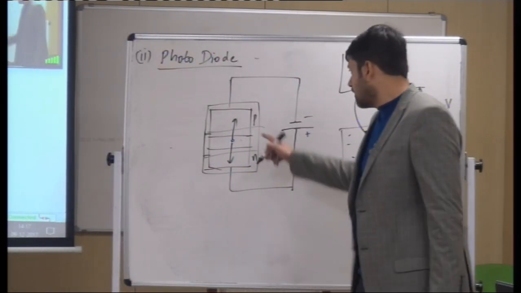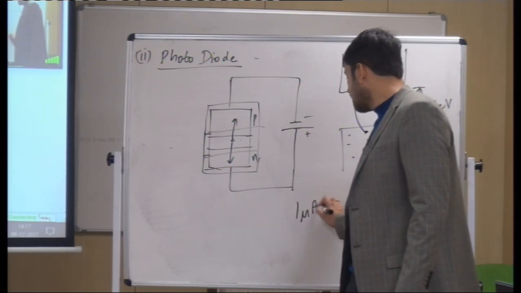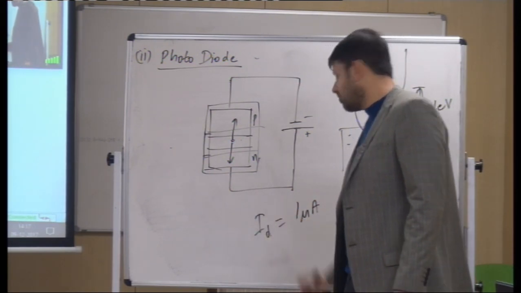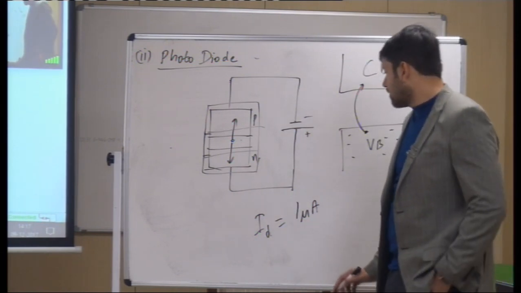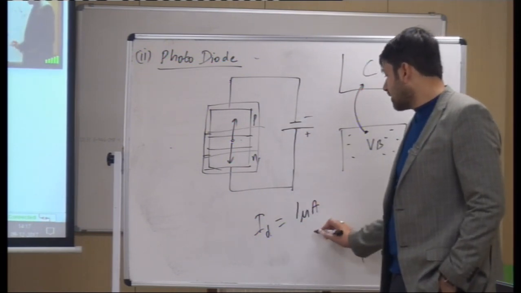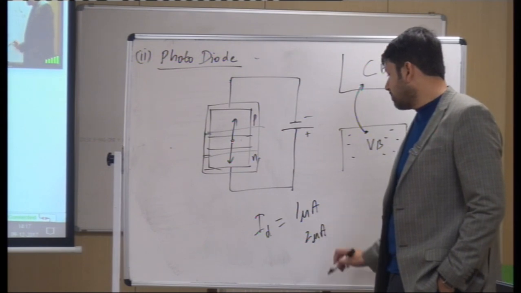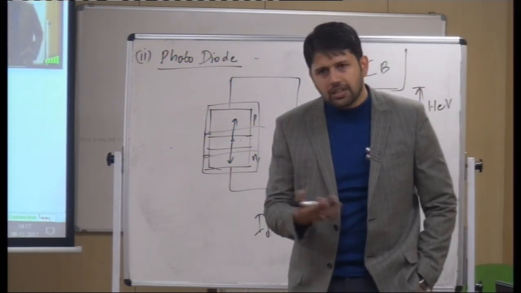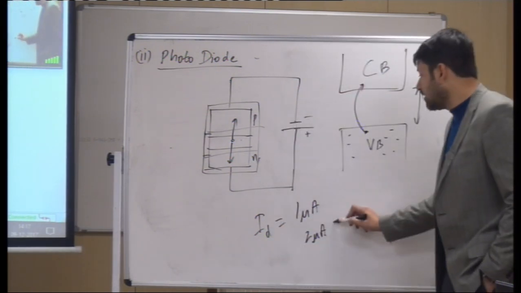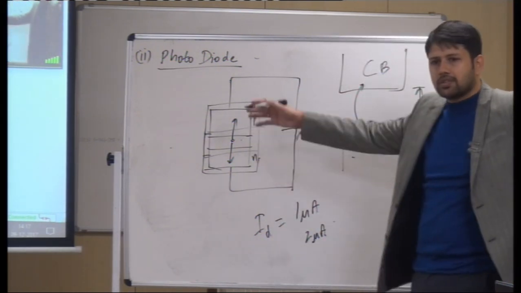Just imagine, in reverse mode, the dark current ID was 1 microampere, but because of light, the current suddenly increases to 2 microampere. You can see the change is hardly 1 microampere. 1 microampere is nothing, but compared to the original value, this change appears huge, a 100% change.